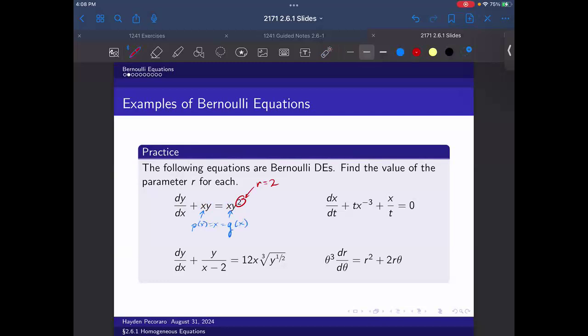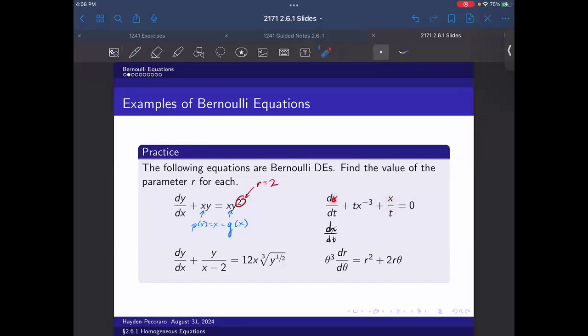Okay. So what about that top right one? -3. Yeah. So we have to rearrange this a little bit. We have dx/dt, and then this part right here is the linear part.